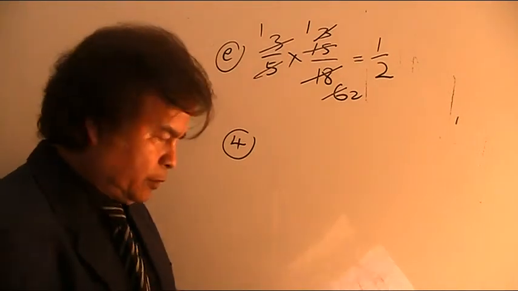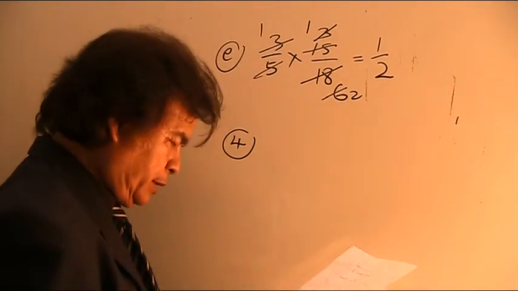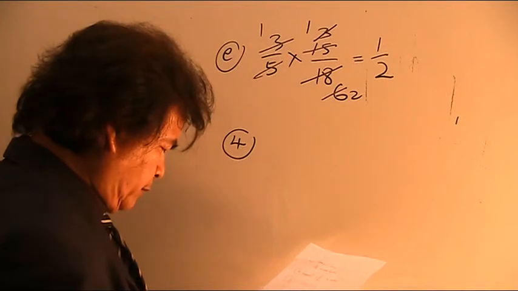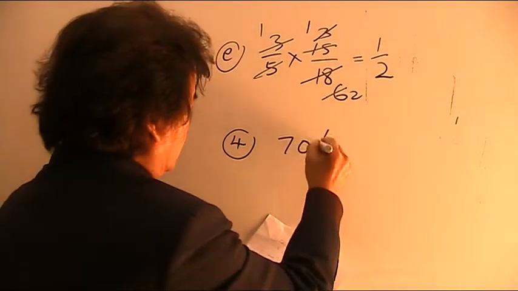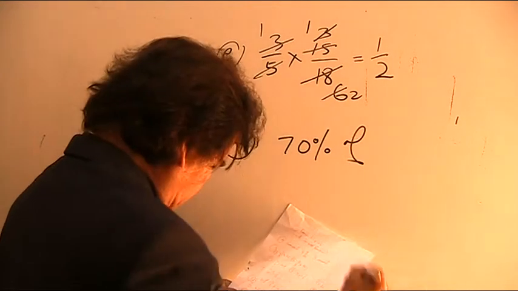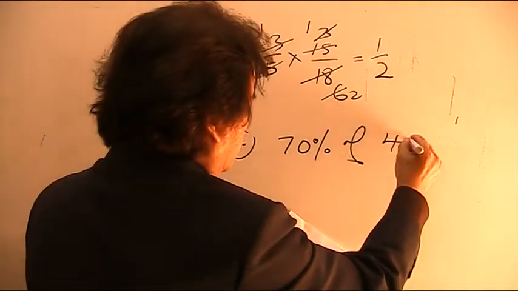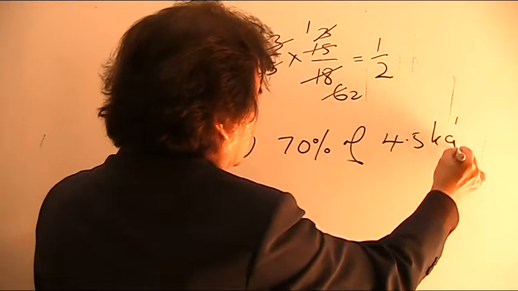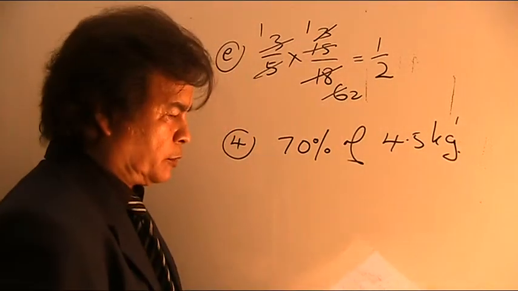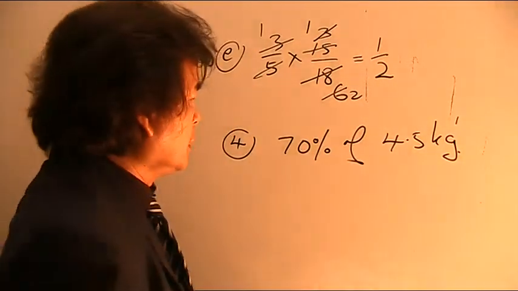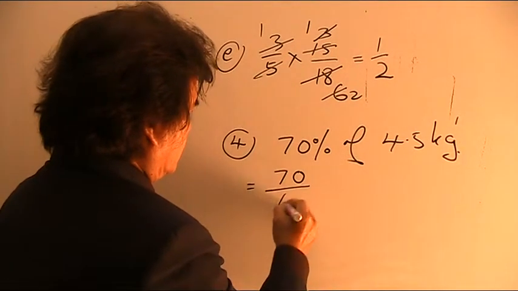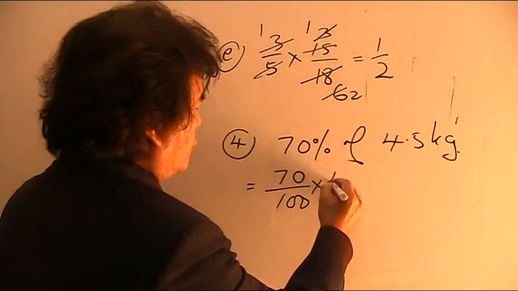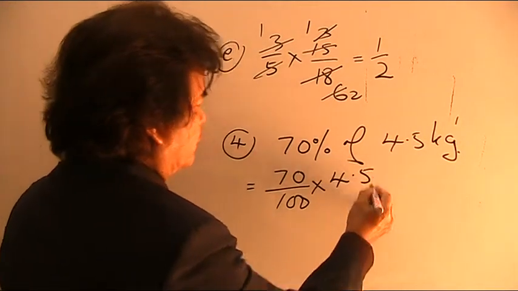I've solved for you part A and part B. Now I'm going to solve part C. Okay, part C, 70% of 4.5 kilogram, and I'm supposed to change that to gram. Okay, so what you do, 70% means 70 over 100 multiplied by 4.5 kilogram.